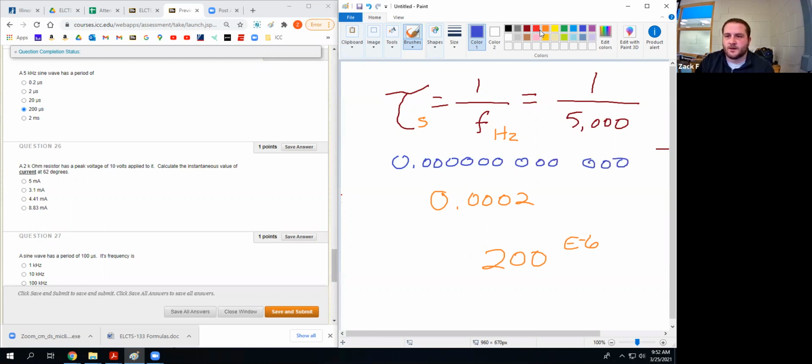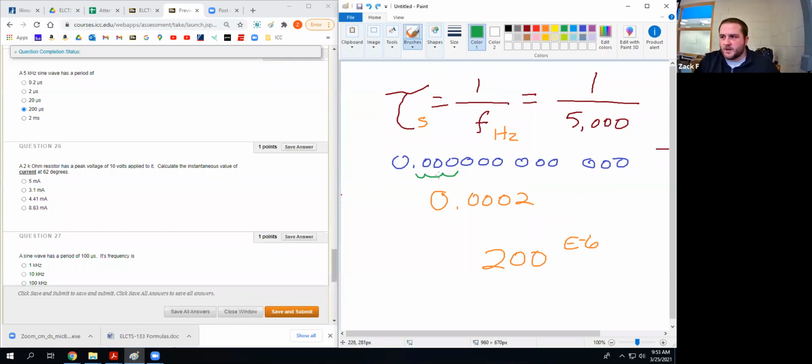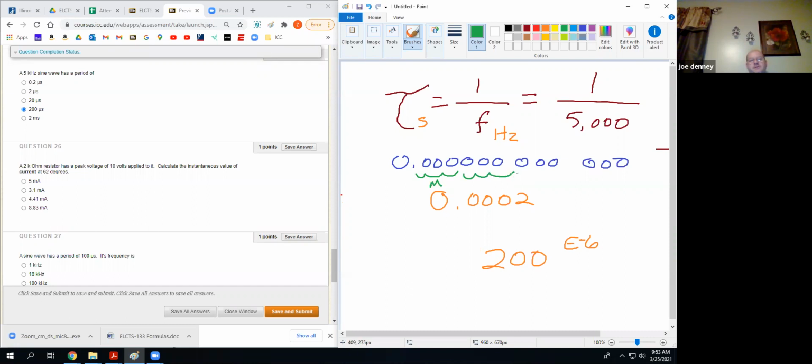0.000000. If I move the decimal place here, that's micro. If I move it here, that's a milli. Milli, micro.